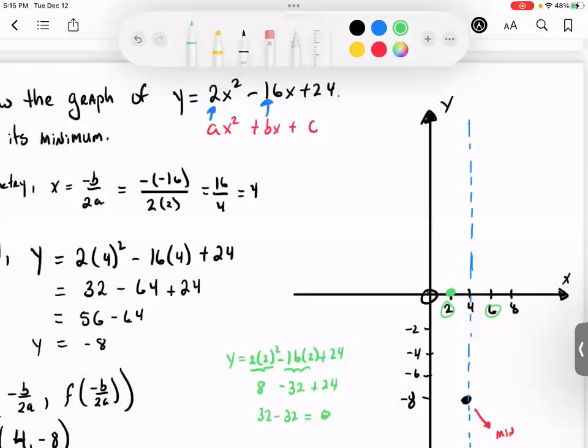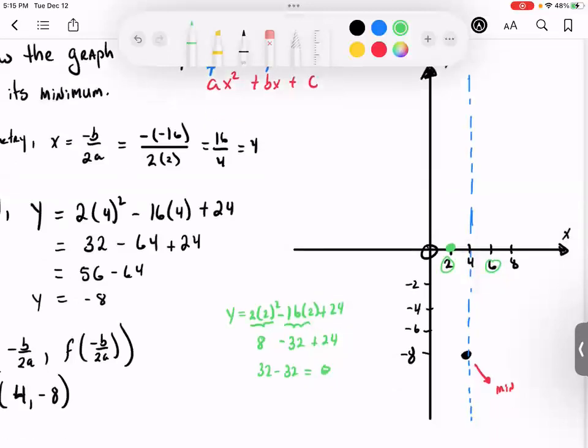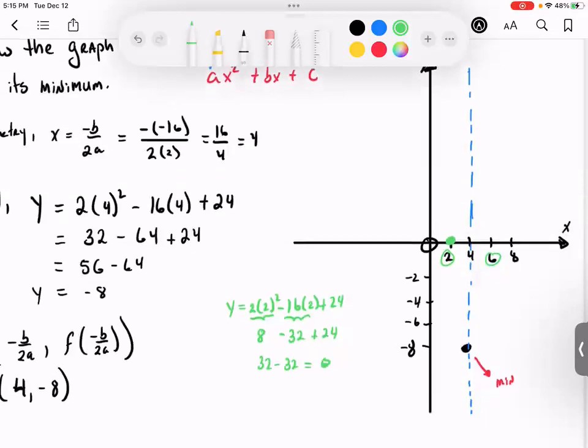All right. If I plug in x equals 6, I should also get 0, because x equals 2 is exactly 2 units away from x equals 4, and going 2 units in the other direction, from 4 to 6, is also 2 units away. So let's see.